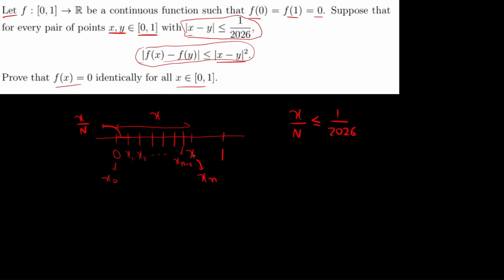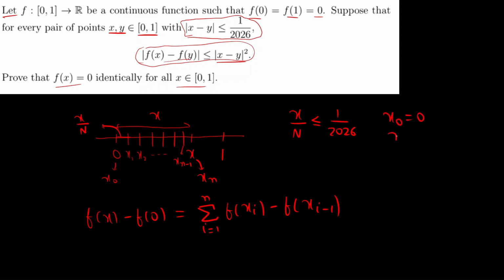Now if I take f of x minus f of 0, I can write it as summation i equal to 1 to n of f of xi minus f of xi minus 1. I'll also write x naught is equal to 0 and xn is equal to x.